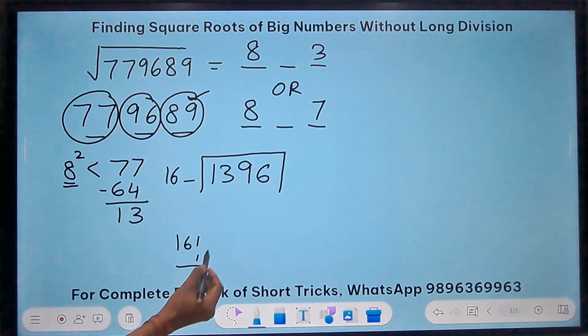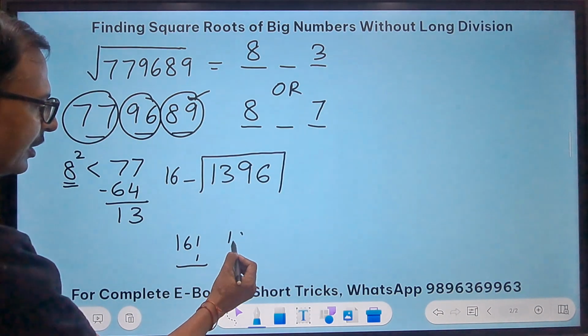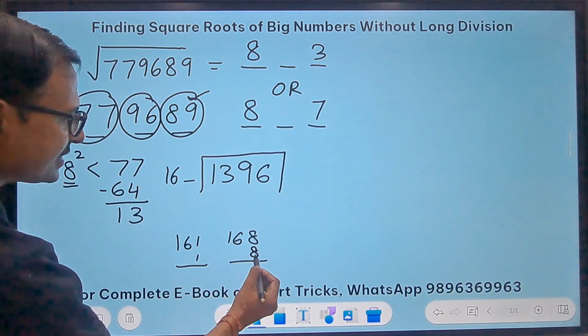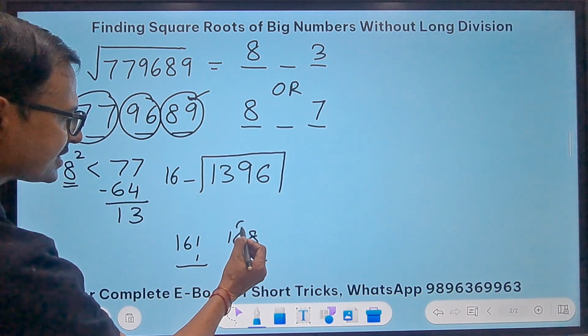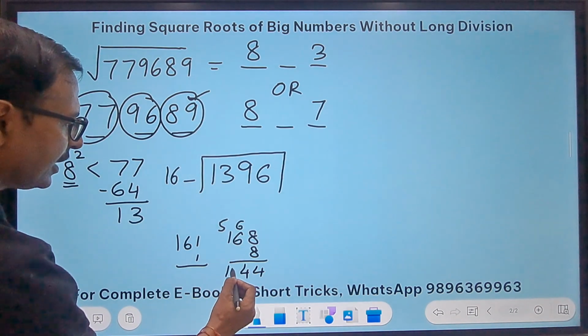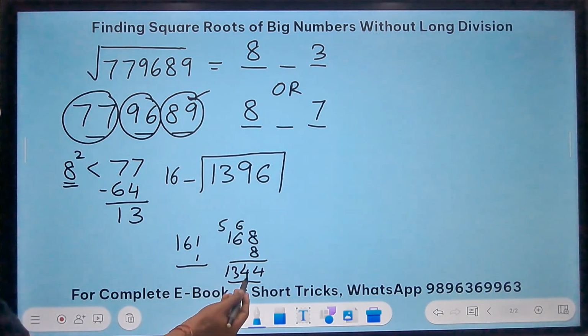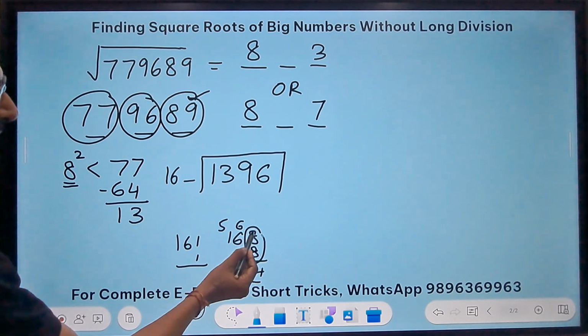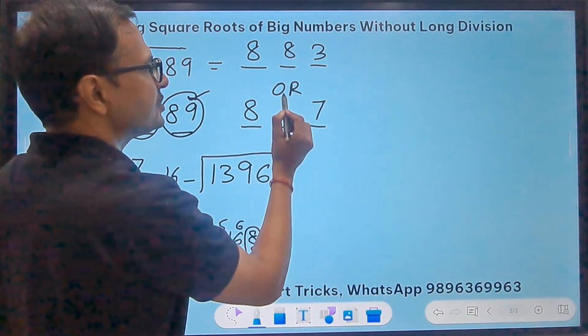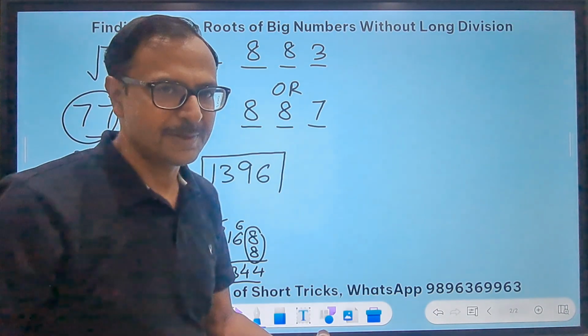So I need to select a suitable number like 168 times 8. How much is this? 8 8s are 64, 8 6s are 48, 54, so 4 and a 5 and 13, very close to 1396. So this is what I wanted, 8, and that 8 becomes the middle digit of my answer.